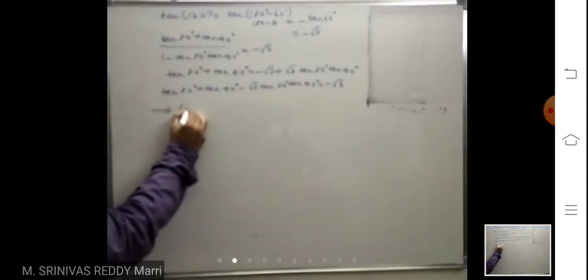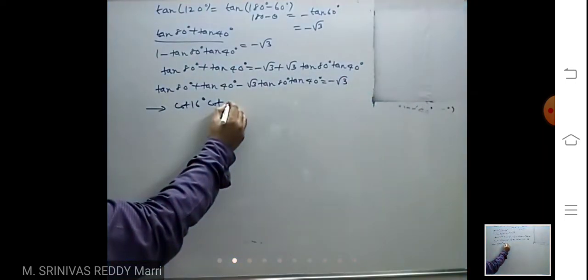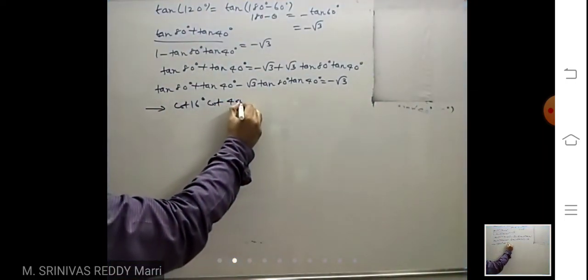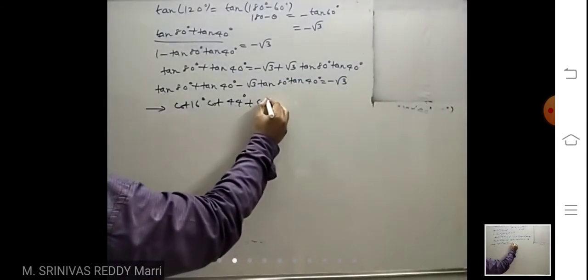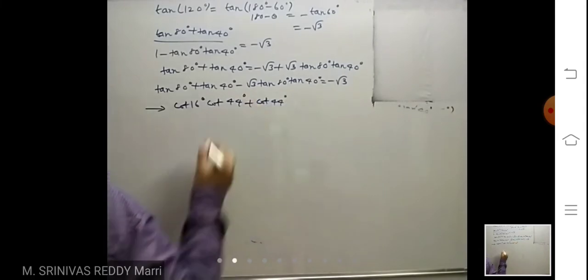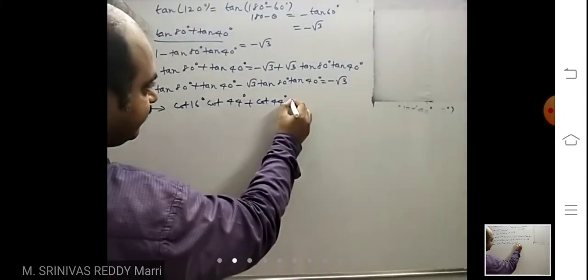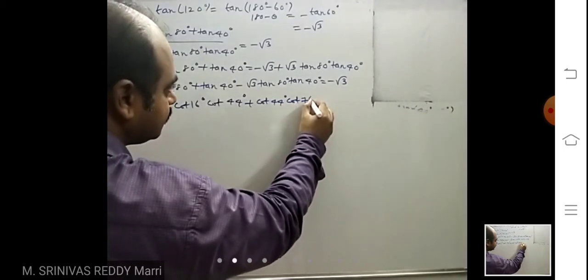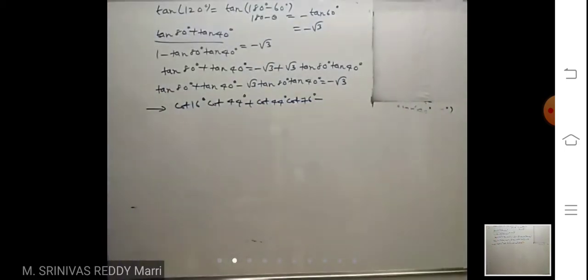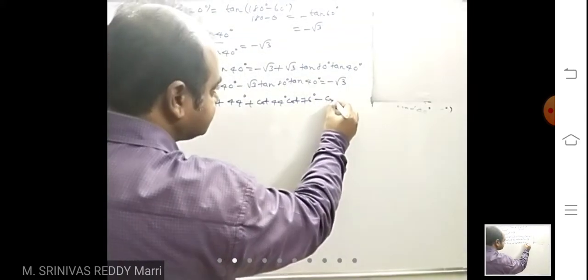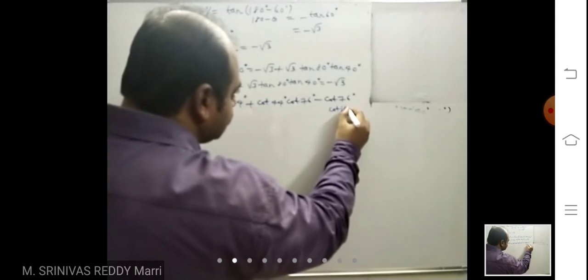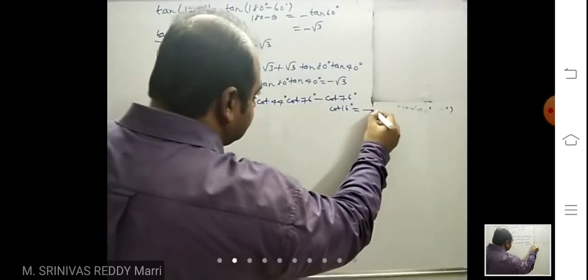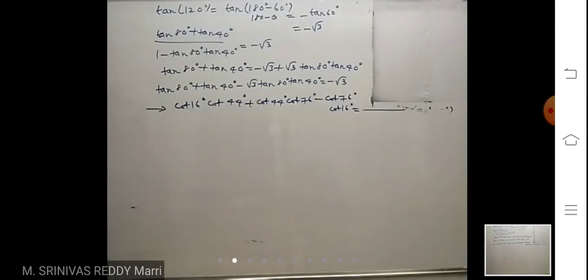Look at the next level problem: cot 16 degree, cot 44 degree plus cot 44 degree, cot 76 degree, minus cot 76 degree into cot 16 degree equals dash.